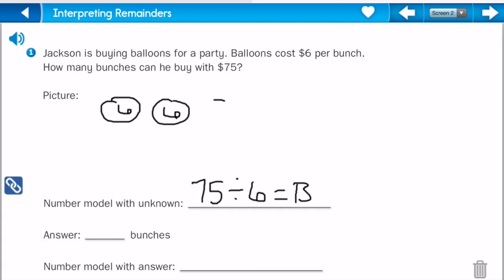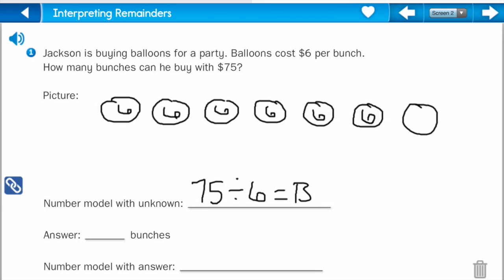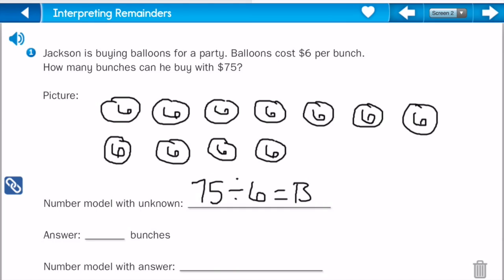I have 12, 18, and then 24, and 6 times 5 is 30, 6 times 6 is 36, 6 times 7 is 42, 6 times 8 is 48, 6 times 9, 54, 6 times 10 is 60, 6 times 11 is 66, and 6 times 12 would be 72.